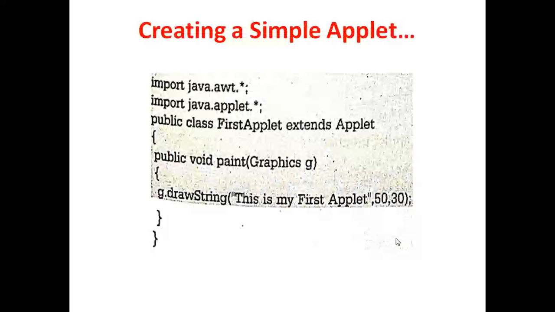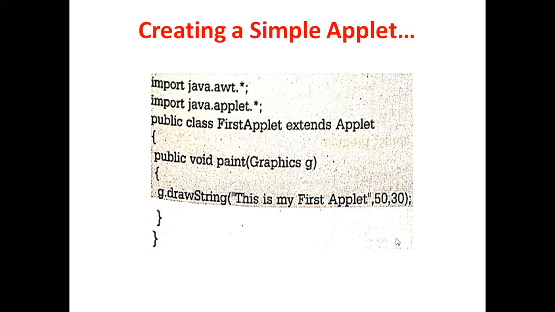Now we'll see a simple program for creating an applet where I've imported some packages, that is import java.awt and import java.applet. These are very important. We want to import these for running an applet program.